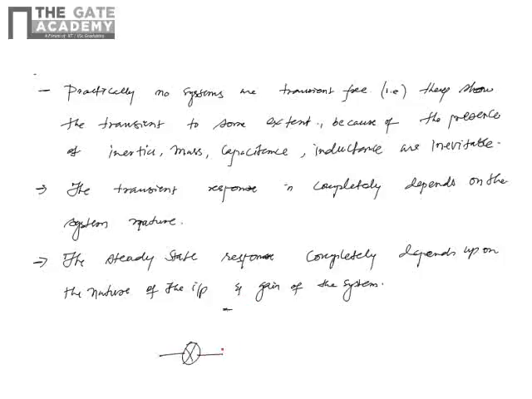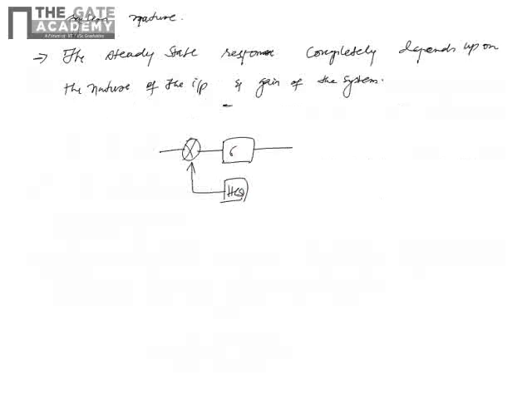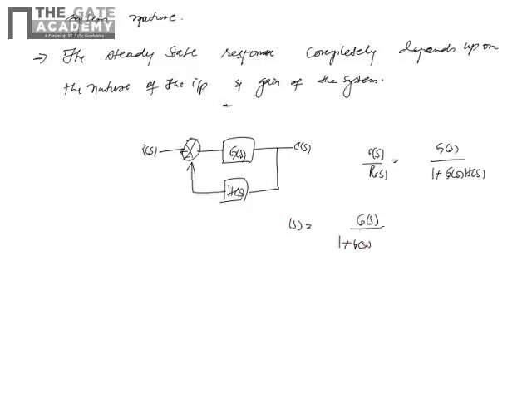Suppose you take the closed loop control system with G(s), H(s), input R(s) and output C(s). Now, C(s) by R(s) equals G(s) by 1 plus G(s)H(s). So C(s) equals G(s) by 1 plus G(s)H(s) into R(s).